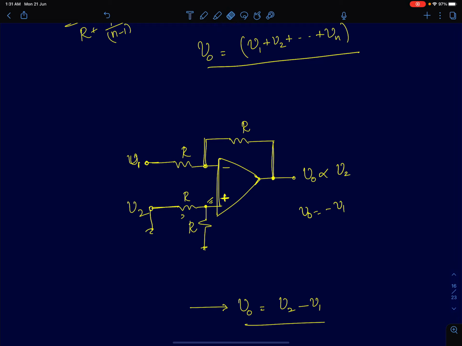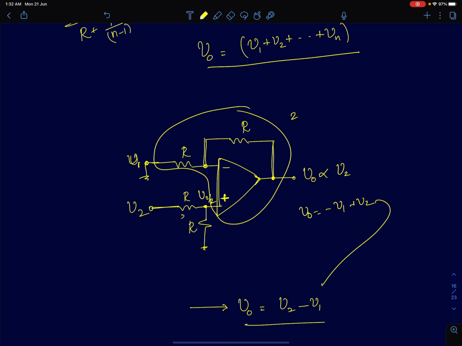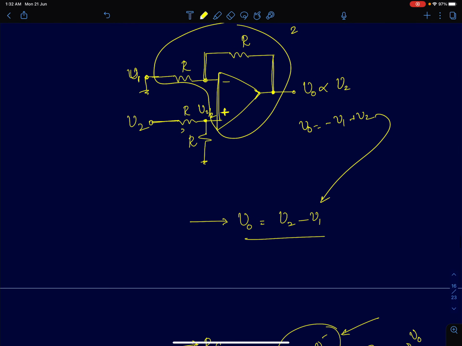Now, if you assume V2 is present and V1 is 0, the node voltage here is V2 by 2, and this circuit behaves as a non-inverting amplifier with a gain of 1 plus R2 by R1, which is 2 in this case. So you get plus V2. The total voltage will be V2 minus V1. So what we have here is a subtractor.